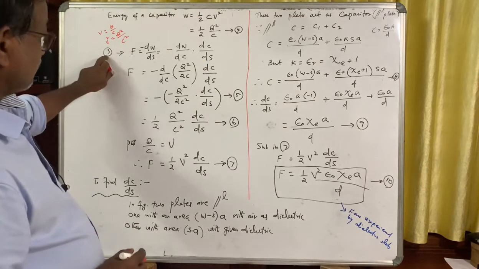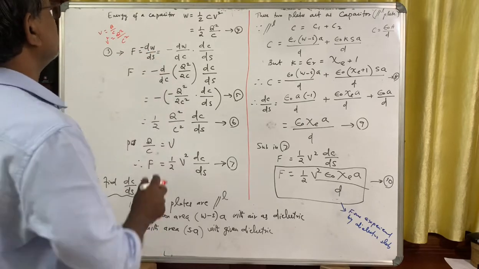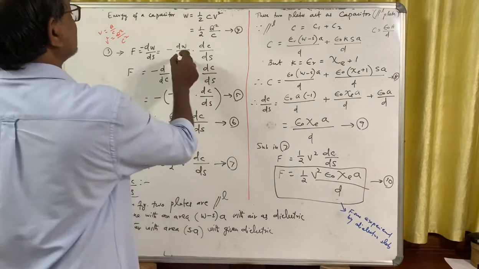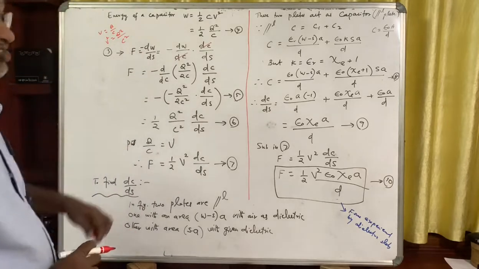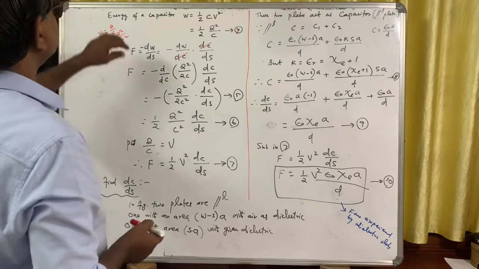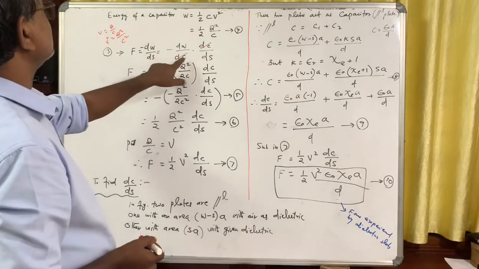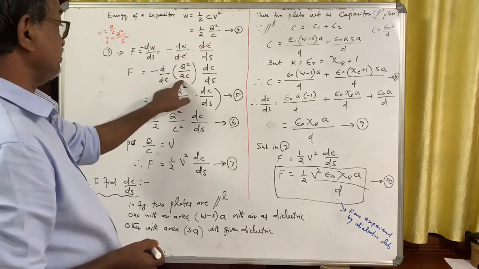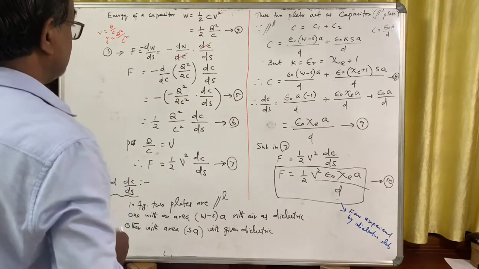Then equation number 3, F equal to minus dW by ds, can be written as dW by dC into dC by ds. So F is equal to minus d by dC of W, and instead of W, half Q square by C is written here, into dC by ds.